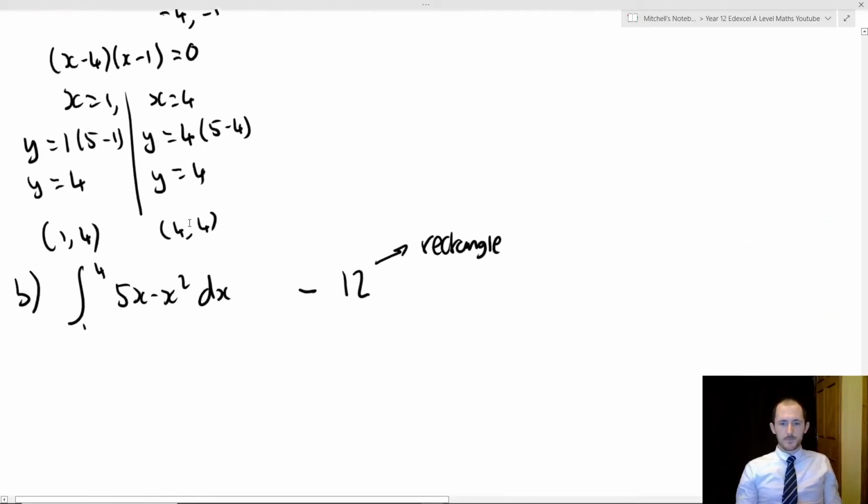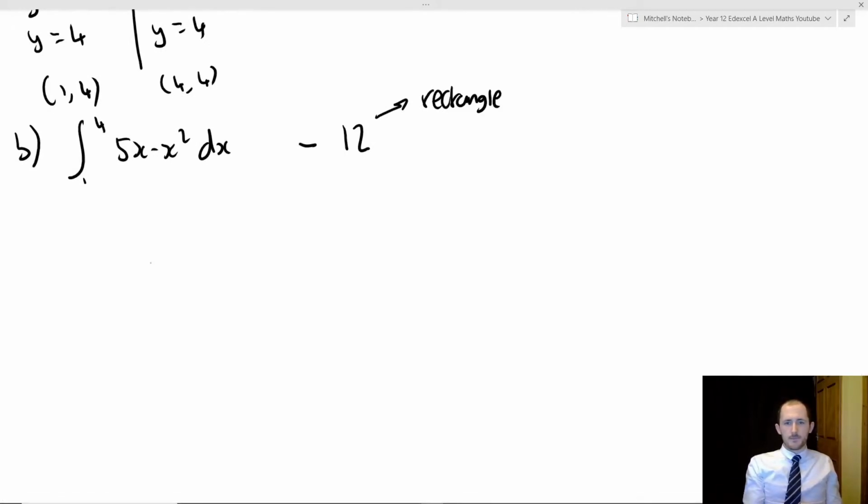So, let's do the integration. So that'd be 5x squared over 2. So I'm just going to write 5 over 2 x squared. And that will just be minus a third x cubed. But between the limits of 4 and 1, and then again minus the 12.